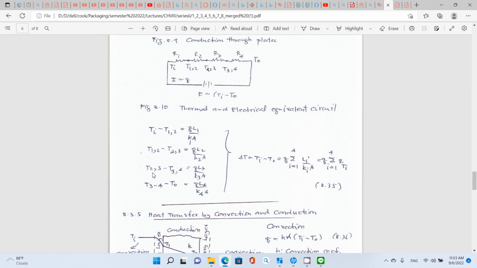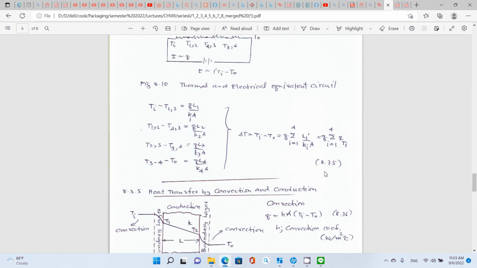T12 cancels out, T23 cancels out, T34 cancels out. So you have only Ti minus T0 left, and that's equal to the sum of these four terms. Or you simply write in short form, that's going to be Q multiplied by the summation from i equal to 1 to 4 of Li over KiA, which is the RT, right? Li over KiA, according to equation 8.5.